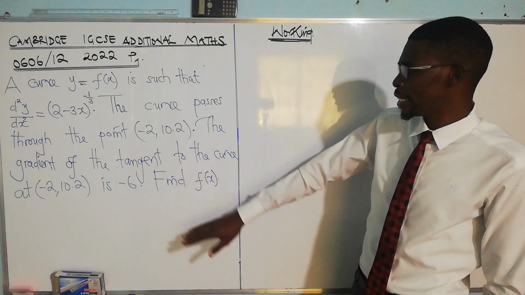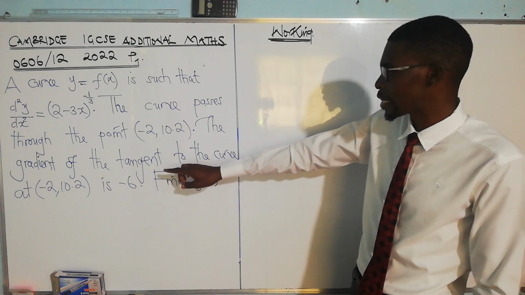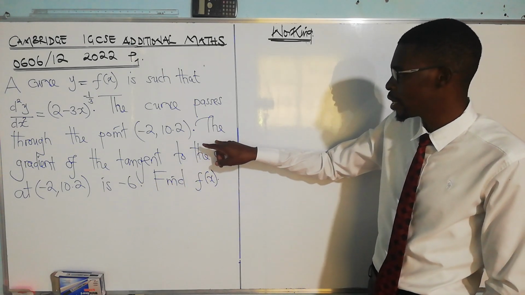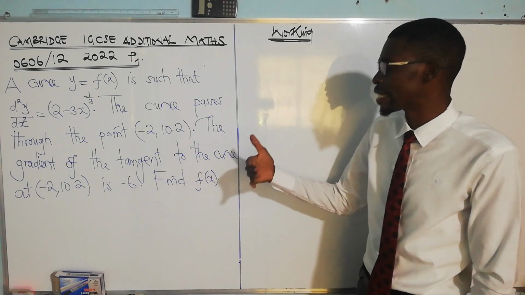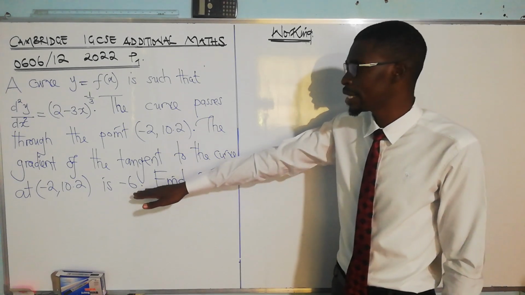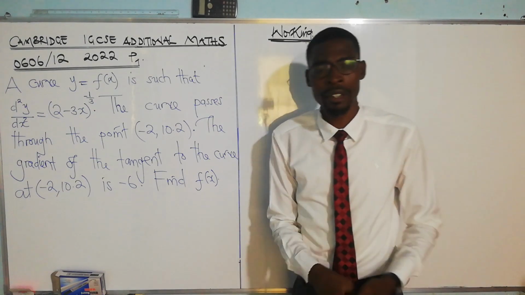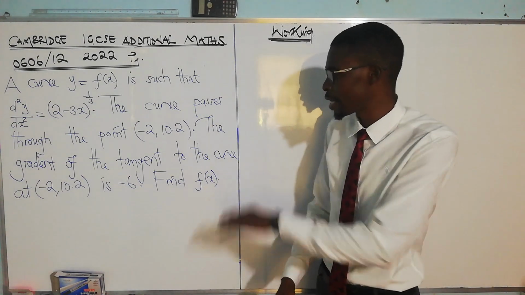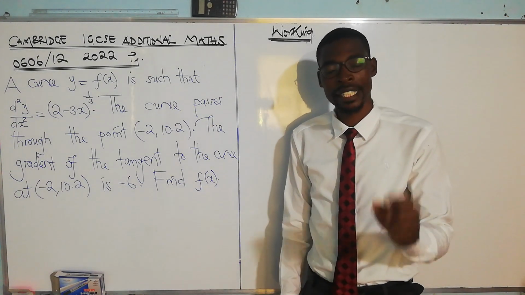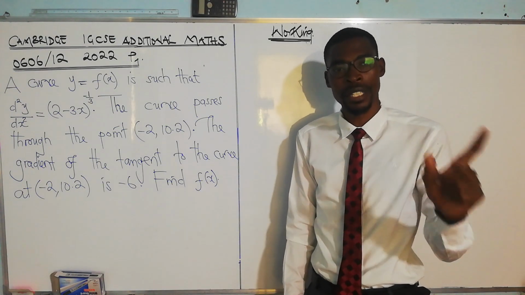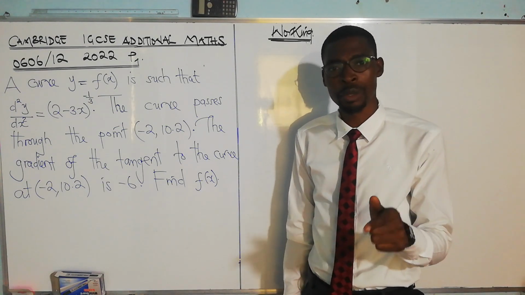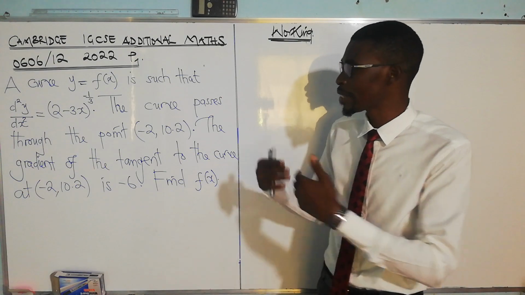Now, there is a very important piece of information given to us in this question, saying the gradient of the tangent to the curve at the point is negative 6. How does the tangent come in when we are talking about the function? Don't forget that the gradient of a tangent at the point of tangency is equal to the gradient of the curve itself.